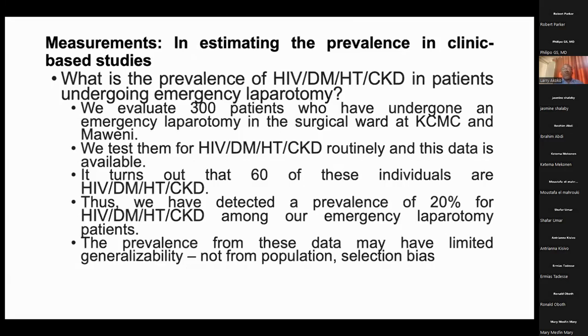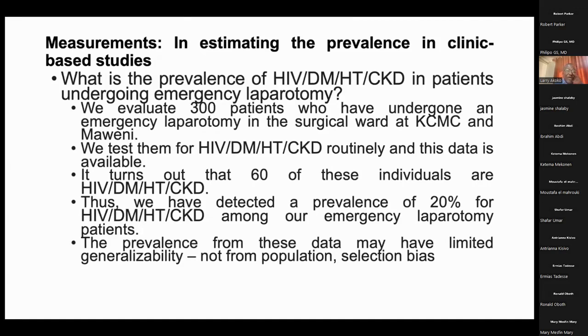We can also measure prevalence in some clinical scenarios. Like, what is the prevalence of diabetes or so and so in a population? And we evaluate 300 patients who have undergone an emergency laparotomy.